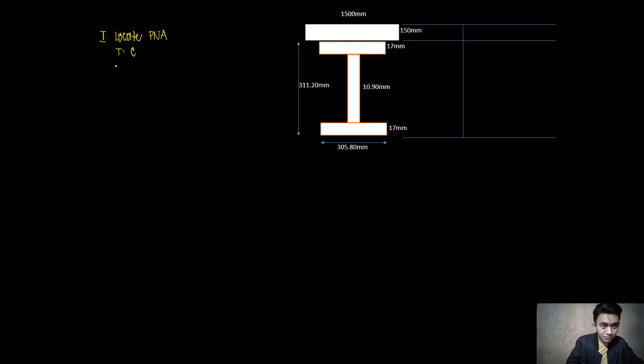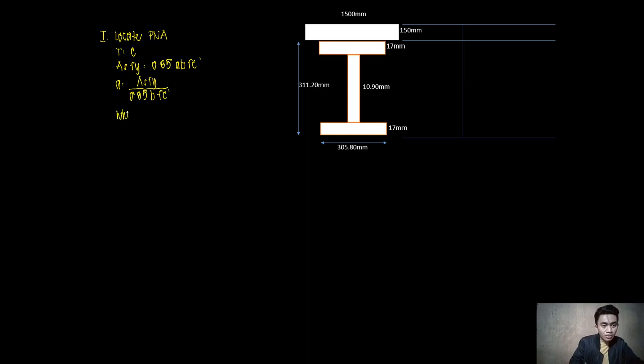I have the area of your steel section multiplied by Fy equal to 0.85 A times B Fc prime. So let us isolate A here. Divide both sides by 0.85 B Fc prime. So I will have A equal to AS Fy divided by 0.85 B Fc prime.